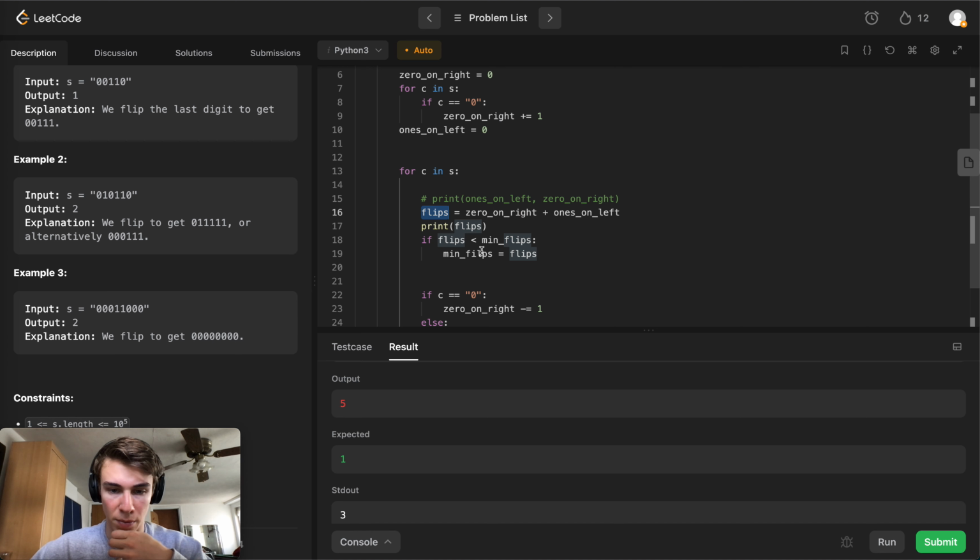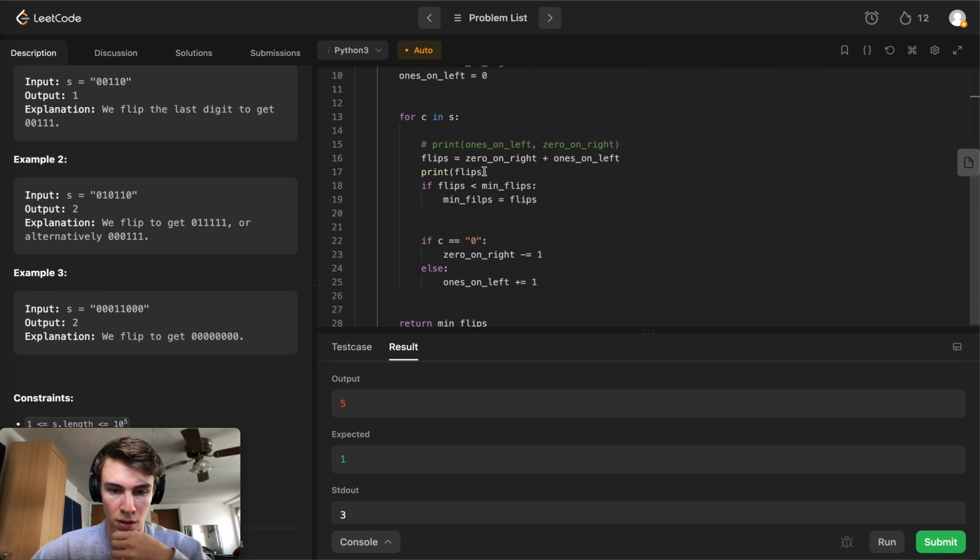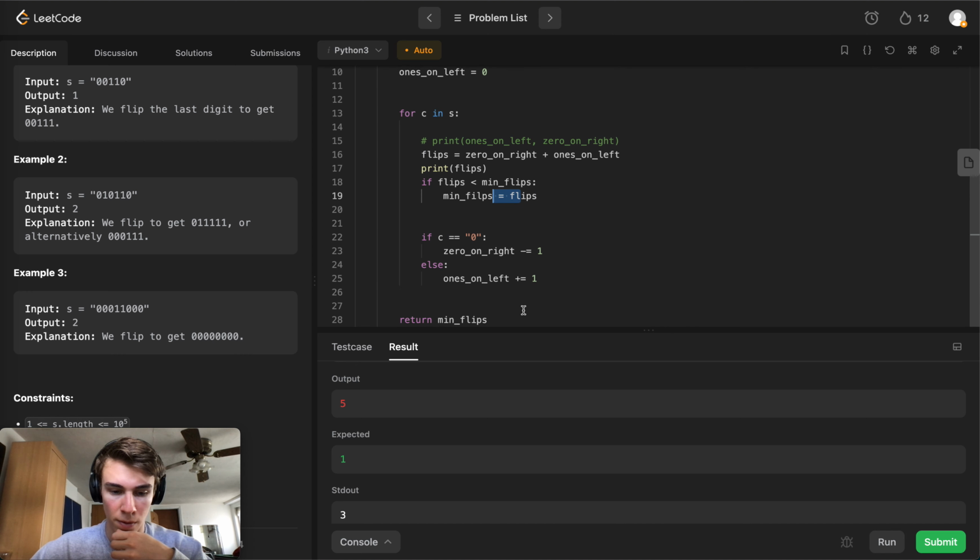If flips is smaller than min flips, then min flips is equal to flips. It's very interesting.